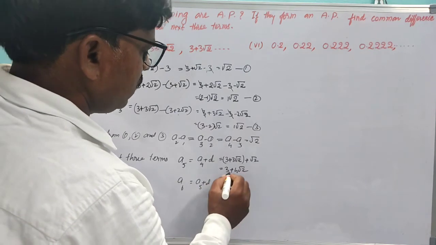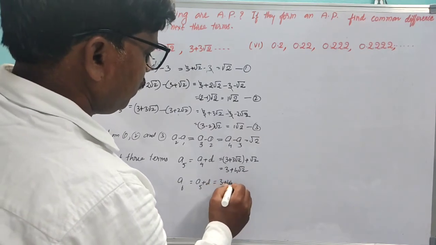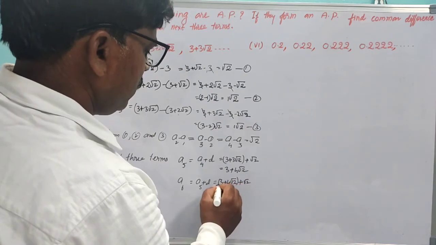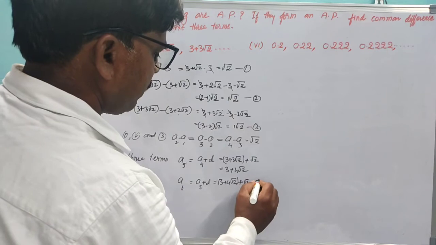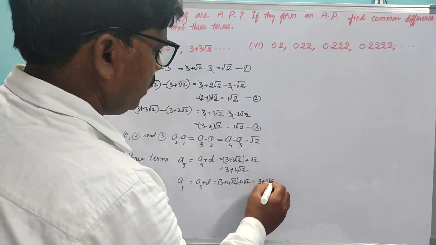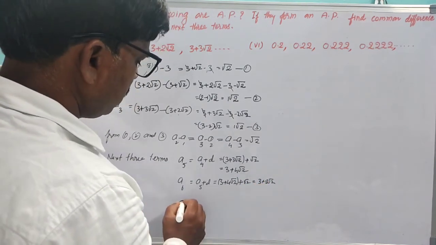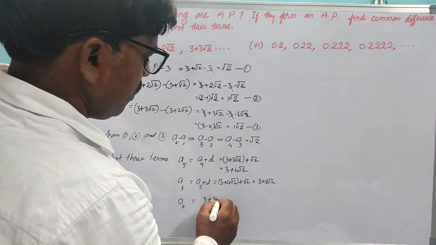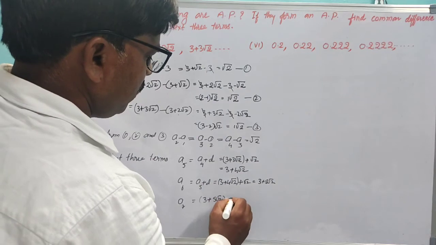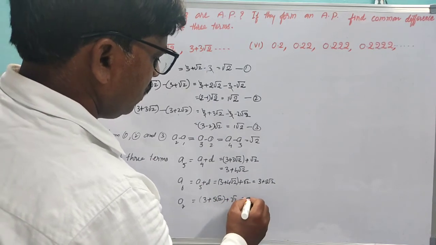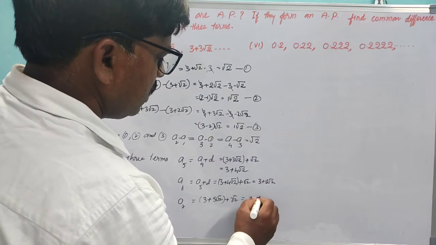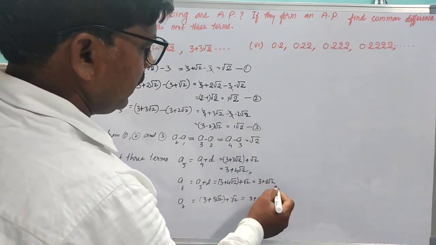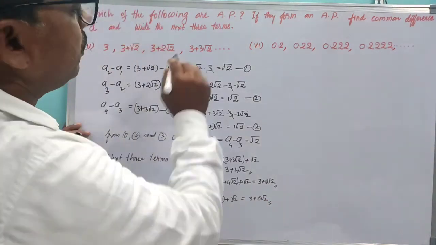Now the fifth term is 3 plus 4 root 2 plus root 2, which is equal to 3 plus 5 root 2. And the next term, the seventh term, is equal to 3 plus 5 root 2 plus root 2, which is equal to 3 plus 6 root 2. So these are the next three terms of this arithmetic progression.